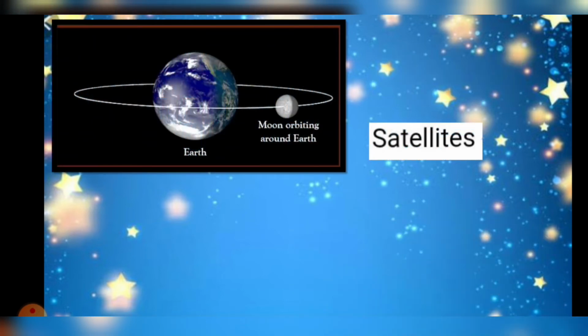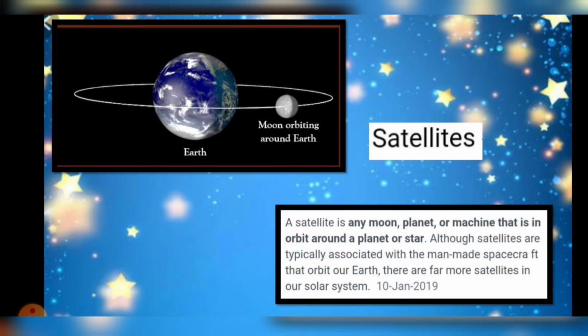Next we will talk about satellites. So here you can see the satellite of the planet Earth, Moon, which is orbiting around the Earth. So what is a satellite? A satellite is any moon, planet or machine that is in orbit around a planet or star.